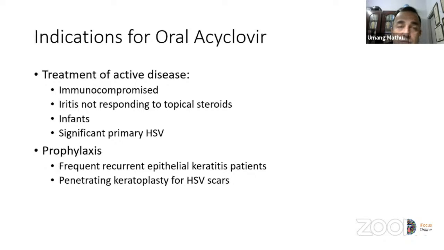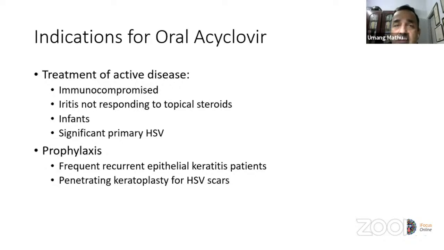The problem is when to stop, because the effect of oral acyclovir lasts only for the time that the patient is having oral acyclovir. So if I have a one-eyed patient where I've done a corneal transplantation, I might give it lifelong. If it's a one-eyed patient who's having recurrences, again, I'll give it for a very long period of time because otherwise the recurrence will come in.